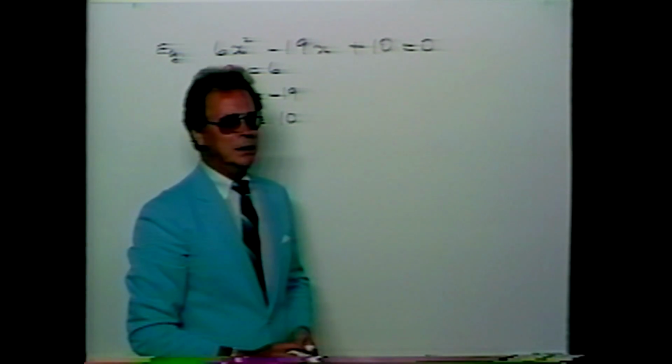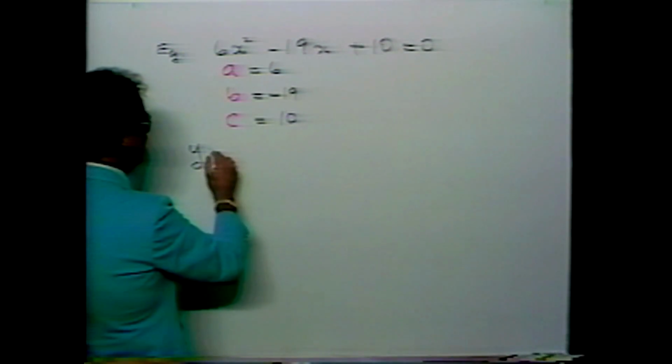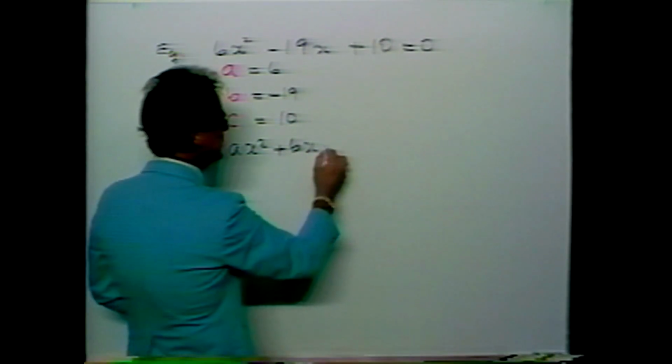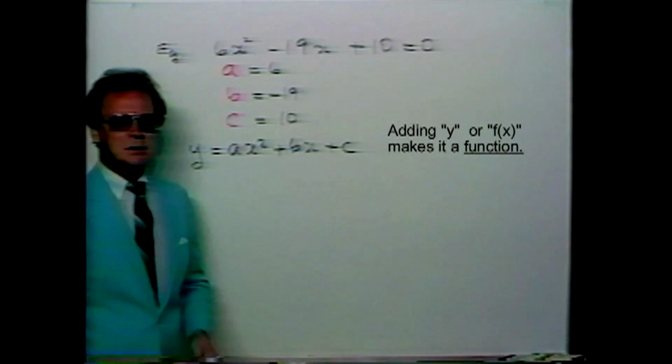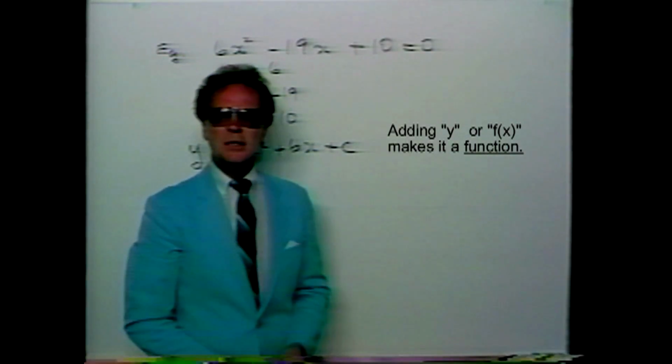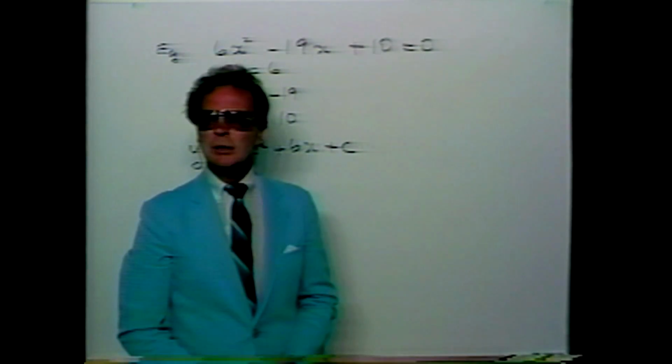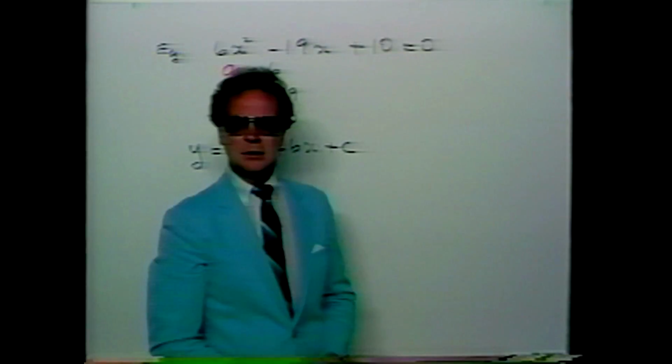In some applications, the equation y equals ax squared plus bx plus c is used, but this will be considered in another semester. Some non-quadratic equations can be dealt with as quadratics.